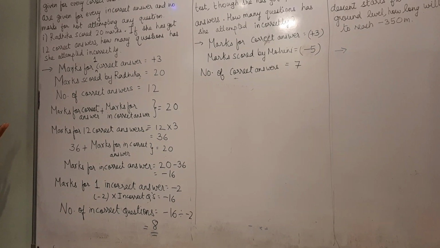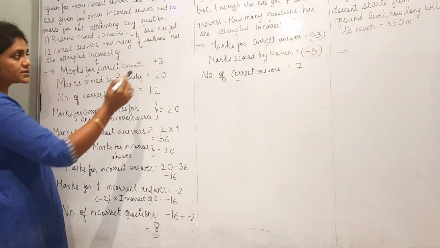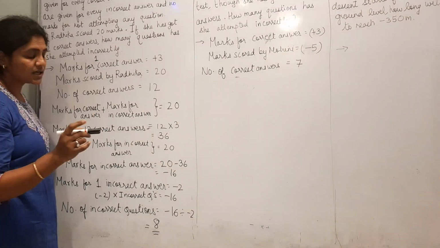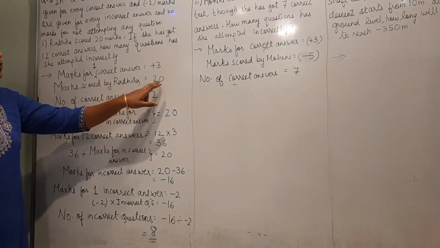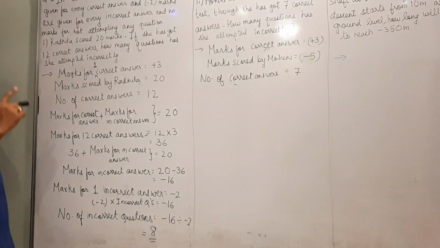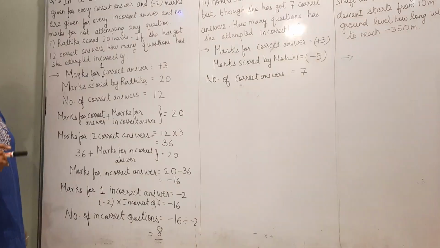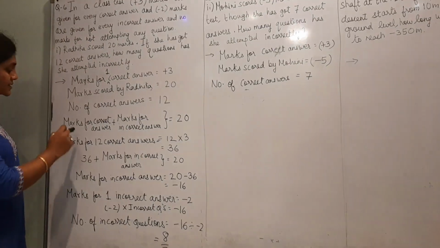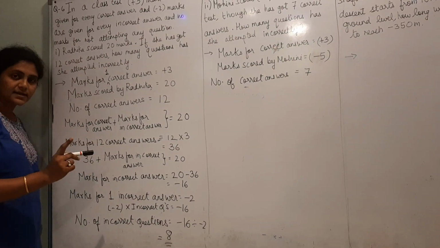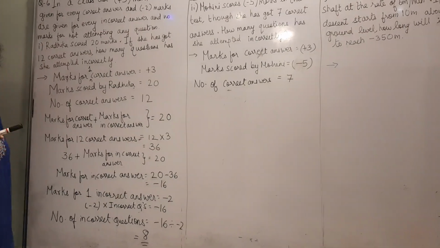Again I am repeating, it is given marks for one correct answer is +3. Radhika scored how many marks? 20 marks. It is also given number of correct answers is 12. Now when you calculate the score, it is marks for correct answers plus marks for incorrect answers.